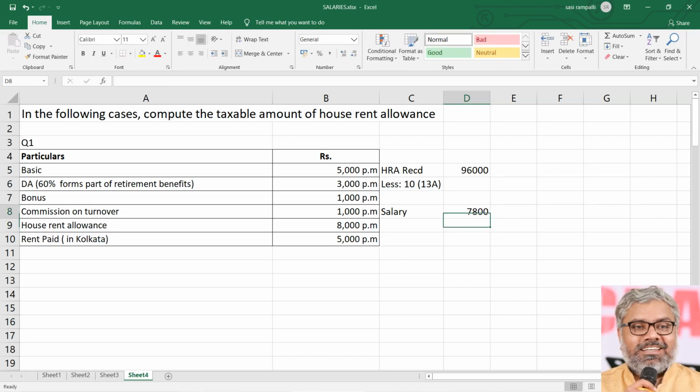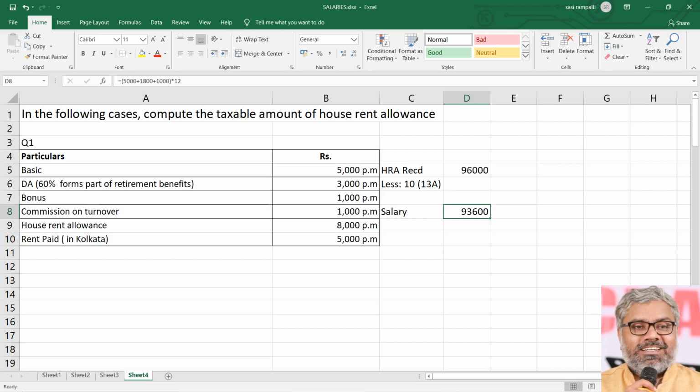But these are all per month, so we multiply with 12 to get the per annum salary for the purpose of computing the exemption of HRA, including basic plus DA forming part of salary, plus commission on turnover.